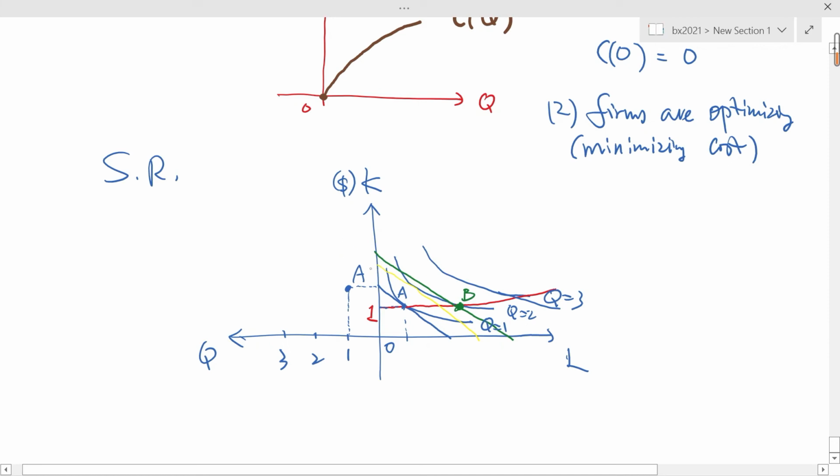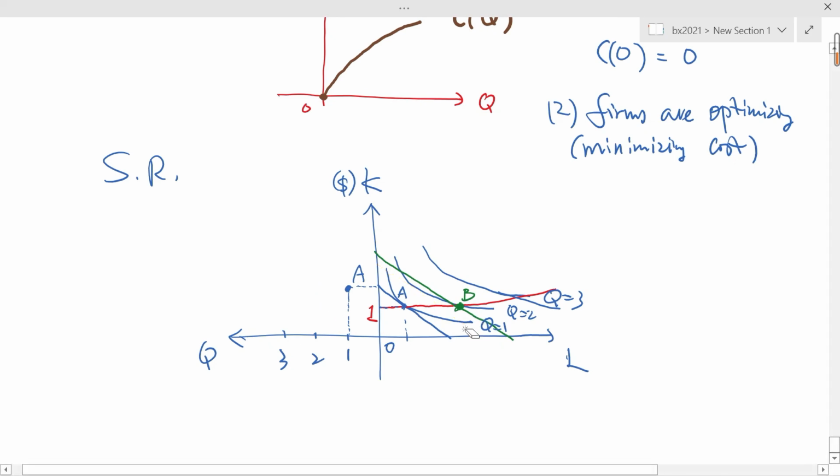We can clearly see that in the long run, the total cost of producing 2 units is this much. In contrast, in the short run it is this much. So in the short run, the cost of producing 2 units of output is higher because capital is fixed at 1 unit, and the firm does not have the freedom to adjust capital.